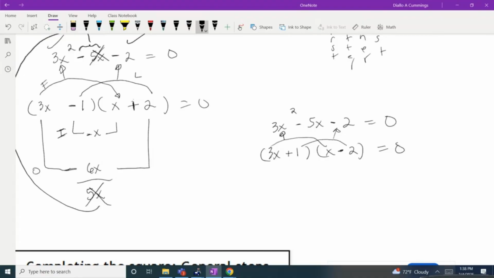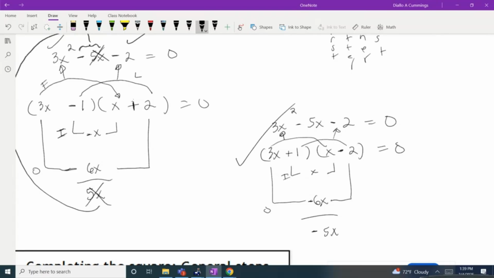Now I'm going to check the middle term. In order to check the middle term, I'm going to multiply the outermost terms. So 3 times -2, that's -6x. I'm going to multiply my innermost terms. 1 times x is x. x minus 6x is -5x.